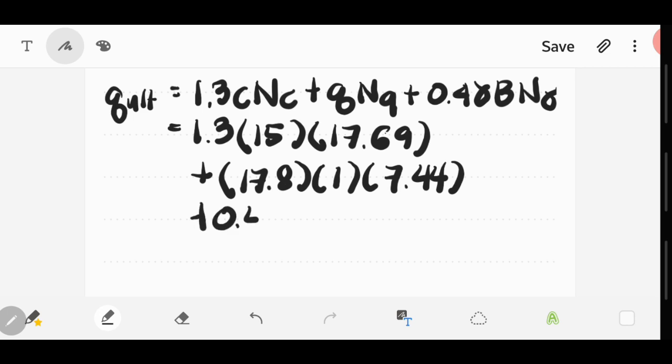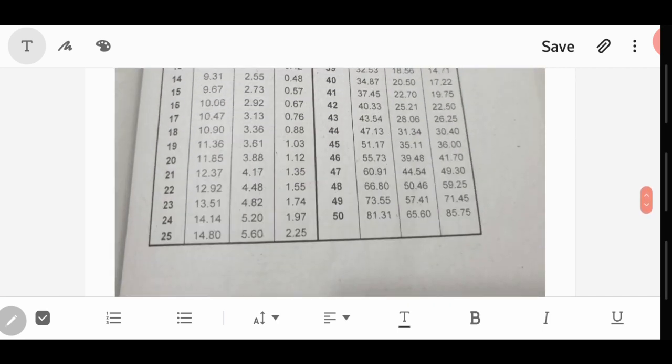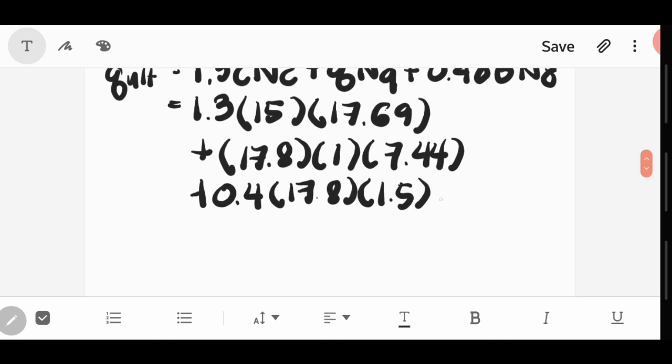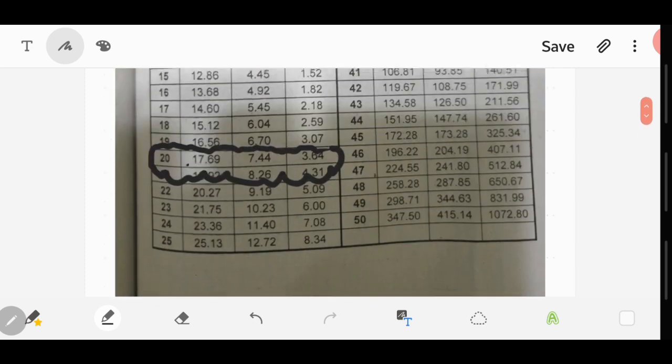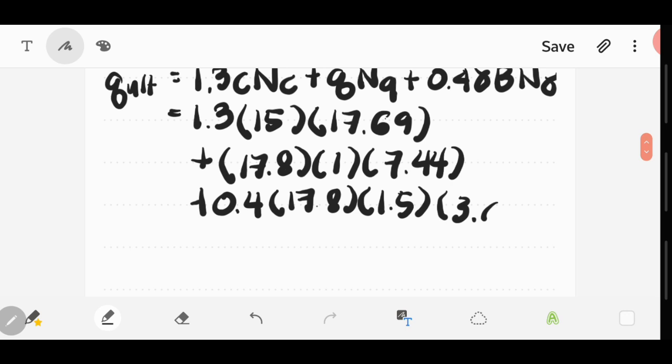Plus 0.4 times 17.8 times 1.5, gamma B, N gamma. Your N gamma here is equal to 3.64. So you have to make sure that you calculate it correctly.